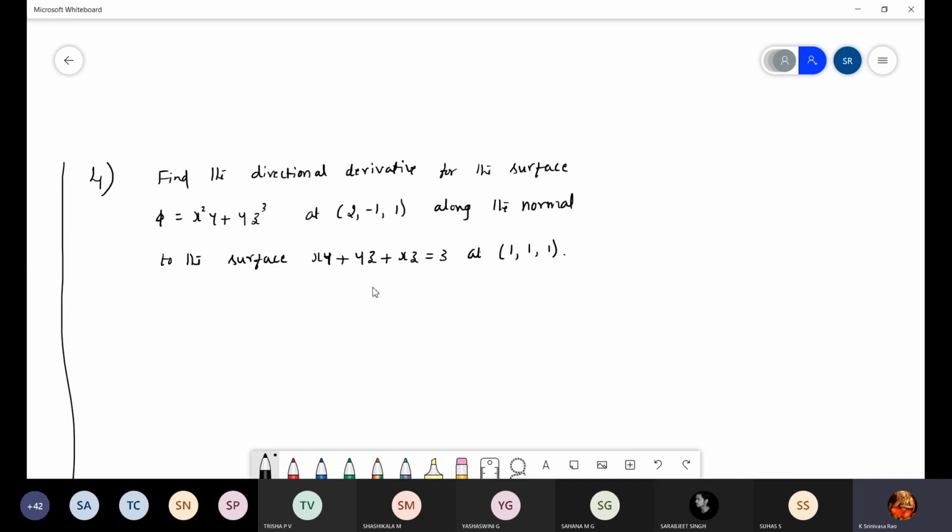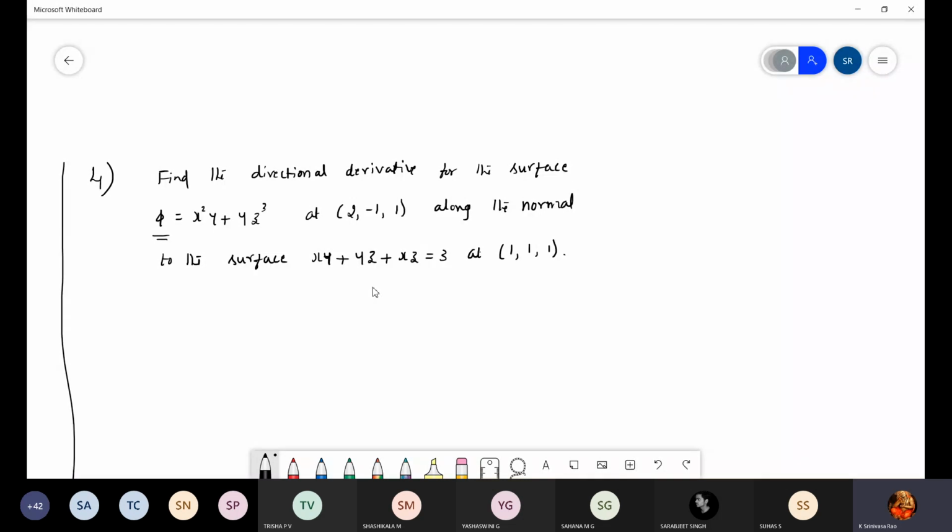Did you understand the problem? To calculate the directional derivative, we require one surface, that is phi. It is given here, but we also require a directional vector d, which is not given. How do we calculate that d?